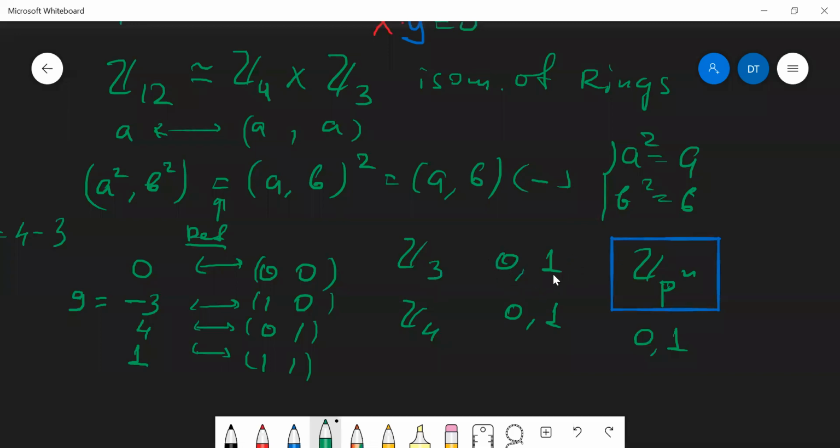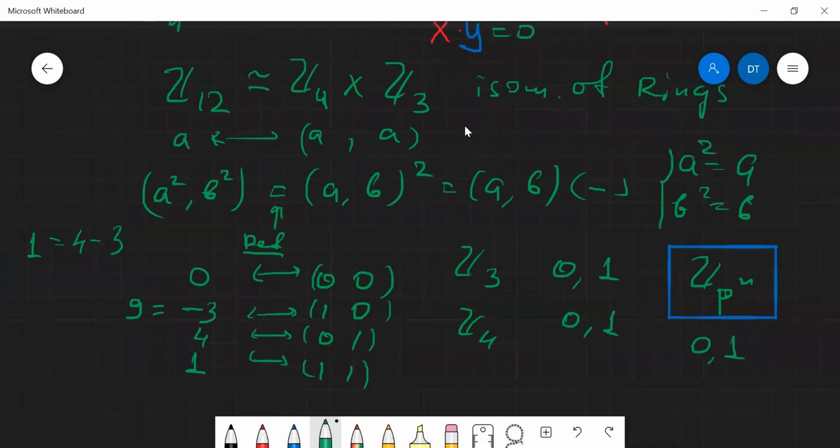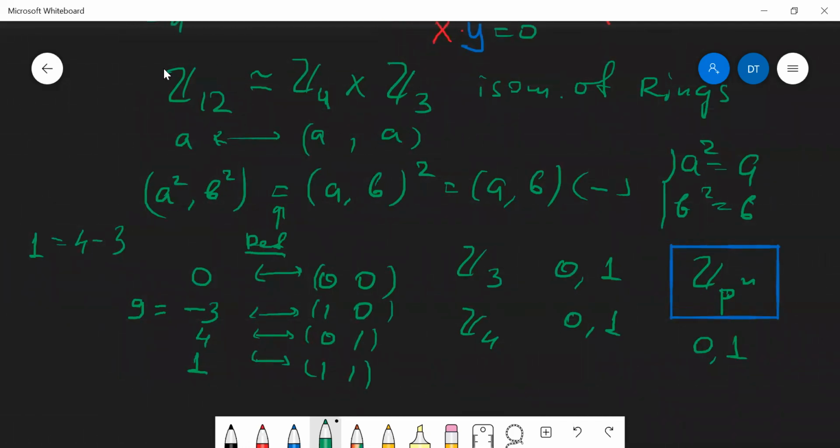And this is your secret weapon, actually. This is how you use the Chinese remainder theorem to compute all possible idempotents here. You just represent this ring as the product of rings of this form, where you have powers of primes, and then you take all possible choices of 0 and 1 in all coordinates, and this gives you the list of all possible idempotents, always. So 100% win rate for this algorithm.